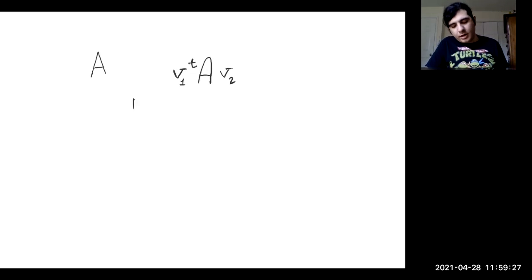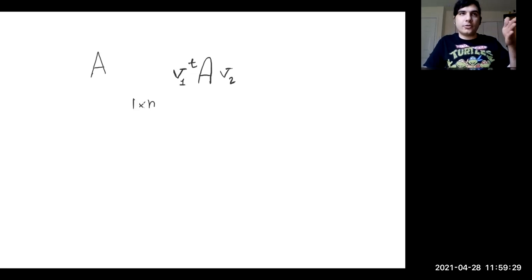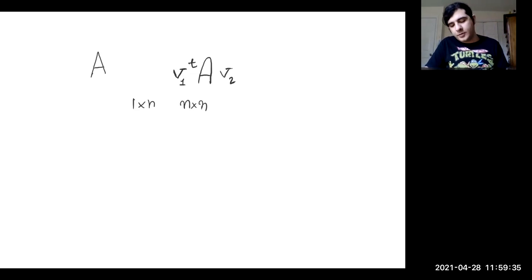If we do this multiplication, the result would be a 1 by 1 matrix, which is just a number.